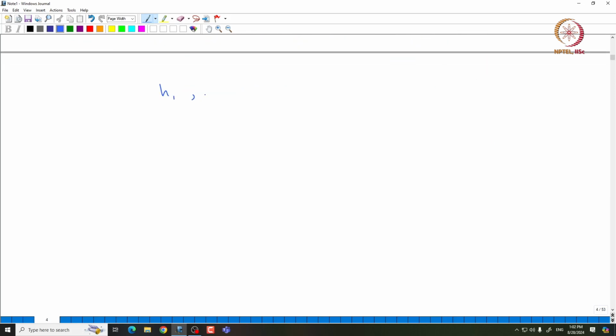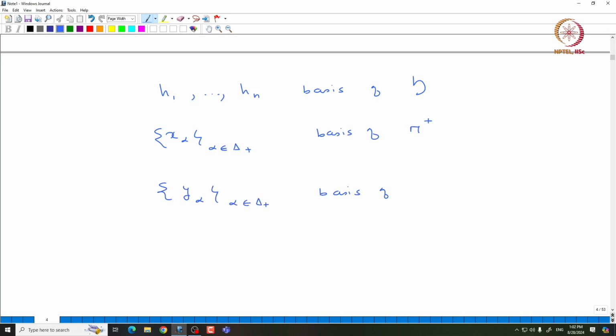We have h1 etcetera hn, which is the basis of H. Then we have x alpha, alpha in Delta plus, which is the basis of n plus. Then y alpha, which is the basis of n minus.